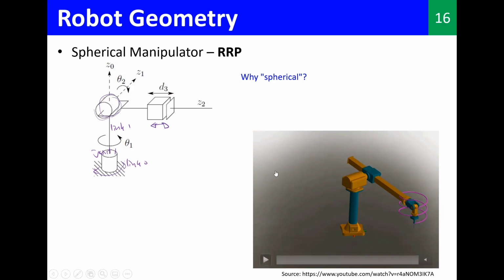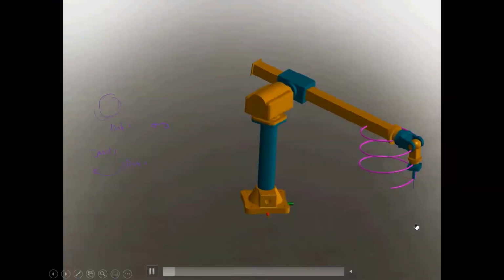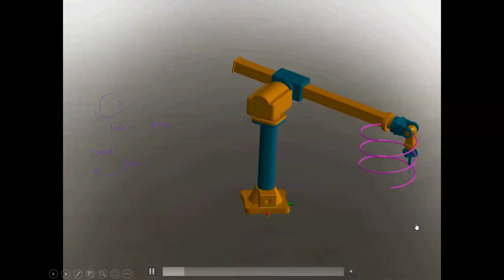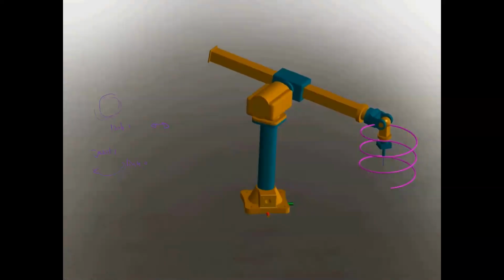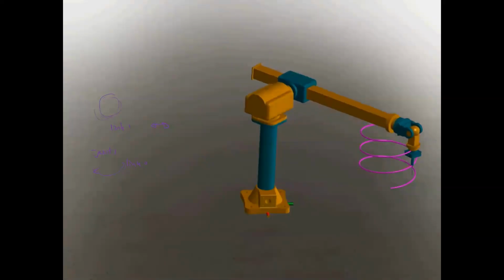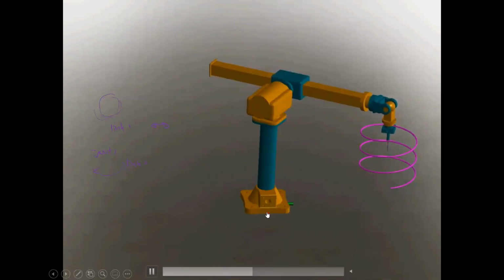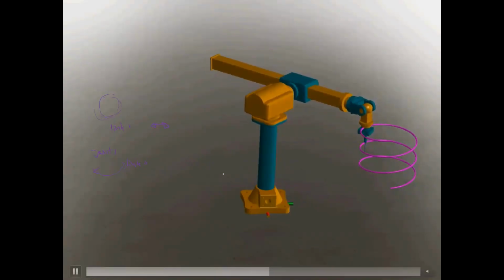Let me show you this animation as well. So this is a spherical manipulator. It is doing some task, it can be anything. Here it is, let's say, drawing a spring-like thing, or it may be soldering or welding something, that we don't care about at the moment, but carefully look.